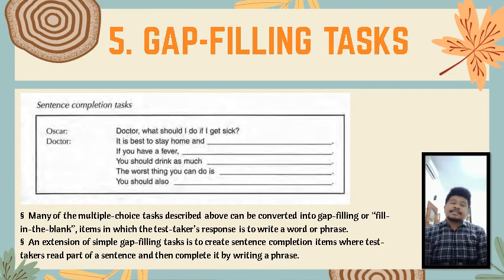The next test is the gap filling task. Many of the multiple choice tasks described above can be converted into gap filling or fill in the blank attempts in which the test taker's response is to write a word or phrase. And again, here is the example of gap filling.